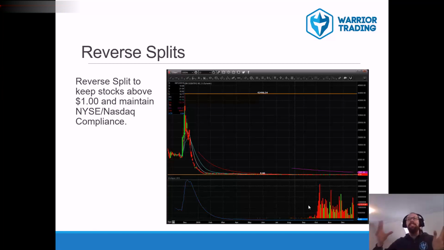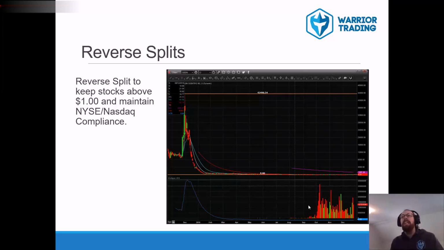Okay, so a reverse split is a ridiculous thing where what a company will do, if the stock is trading at 10 cents per share, they can do a 10-to-1 reverse split. And that means that if you hold 10,000 shares right now at 10 cents, the next day you'll be holding 1,000 shares at $1. They've done a 10-to-1 reverse split.